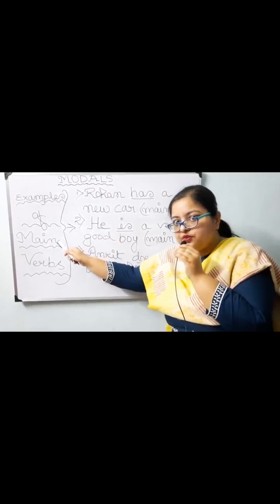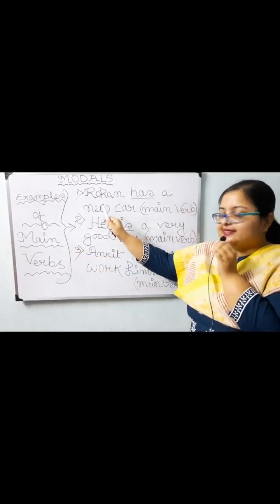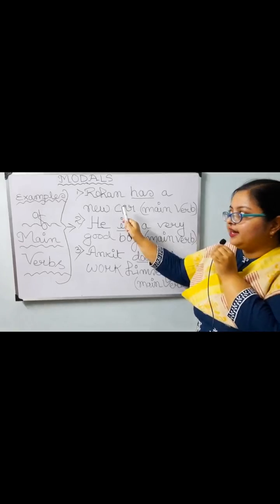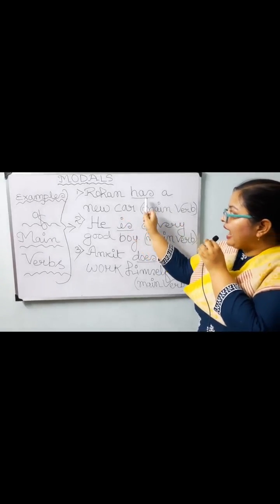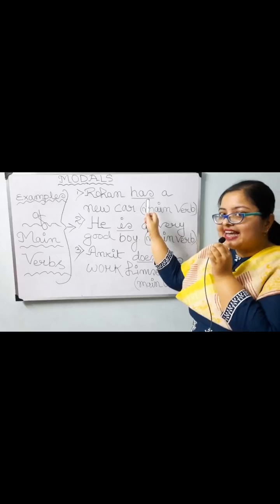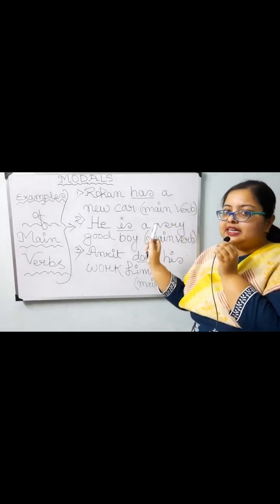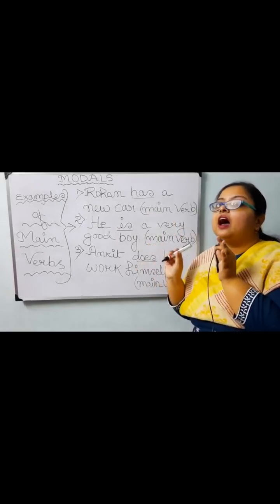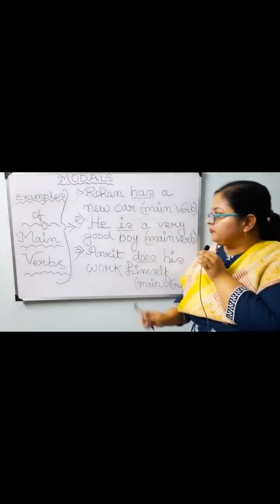Examples of main verbs. Now first example: Rohan has a new car. Now has over here, students, is acting as the main verb, which means he has a new thing, a new car.